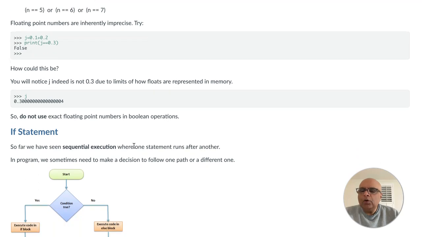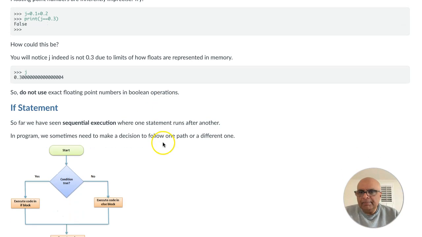So now we will talk about an actual construct that allows us to do conditional execution. So far what we know in Python is we have statements that execute one after another. But sometimes we want to make a decision. Sometimes based on some condition, we want to go down one path of statements or another path of statements.